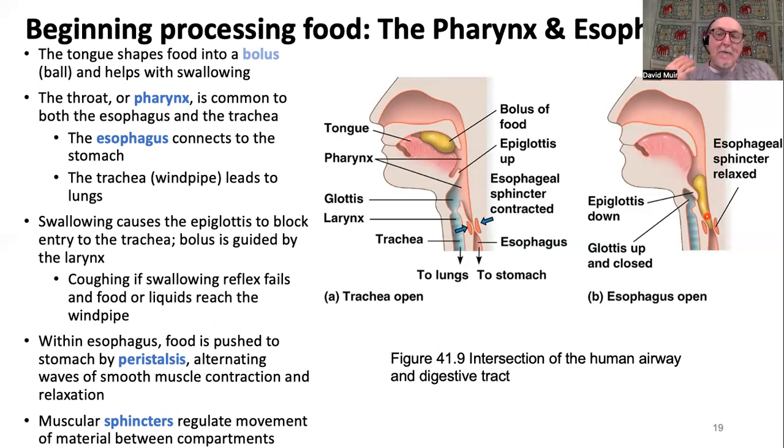This is why, and if you don't believe me, you can try it out, just don't choke yourselves, if you stand on your head, you can swallow quite easily. As long as you can get the food to the top of the esophagus, which is easy, and actively swallow, it is passed to the stomach by peristalsis, not by gravity.